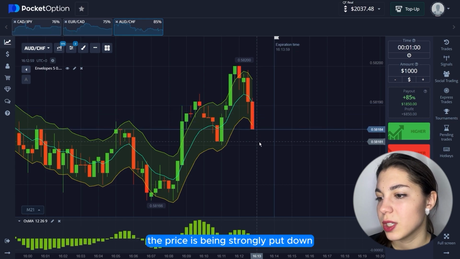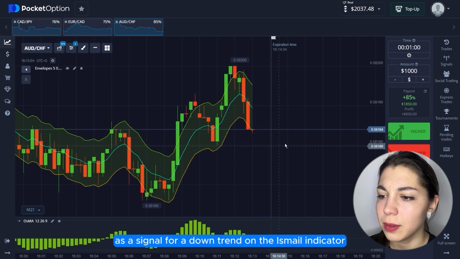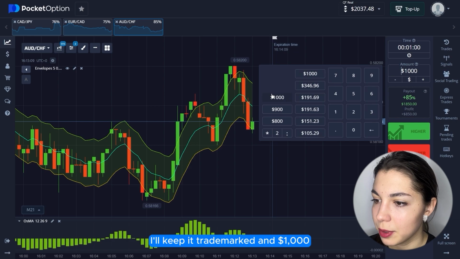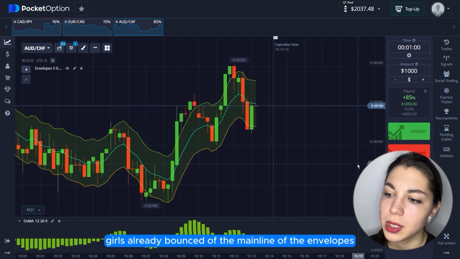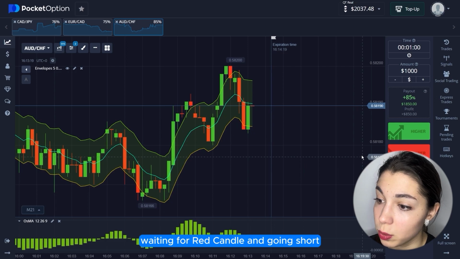The price is being strongly pulled down. As a signal for a downtrend on the SMI indicator, I'll keep the trade amount at $1,000. The candle has already bounced off the main line of the envelopes, waiting for a red candle and going short.